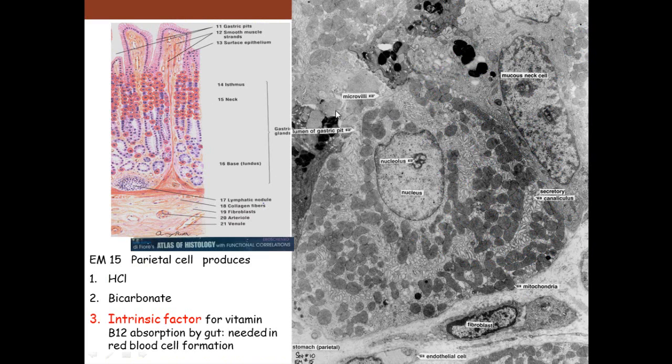And another one, a very important cell here in the fundic region is a parietal cell. And here we see the parietal cell with a big nucleus, a big nucleolus, and lots of mitochondria. And also another characteristic of parietal cells, it has a secretory canaliculus. That is, the lumen's up here, but the lumen extends down through the secretory canaliculus way down into the bottom of the cell.